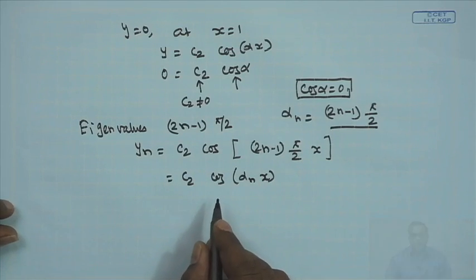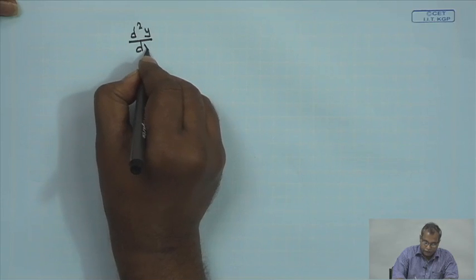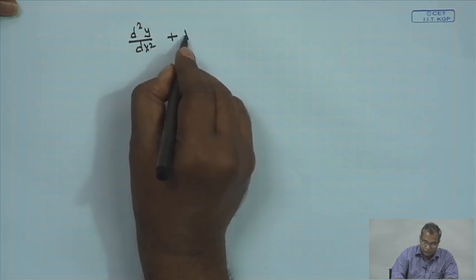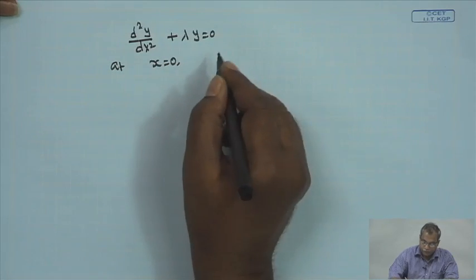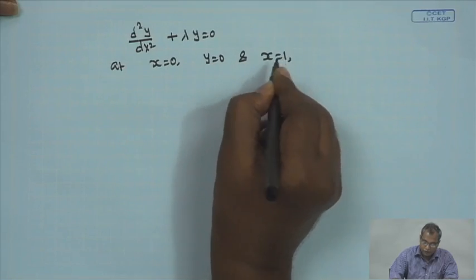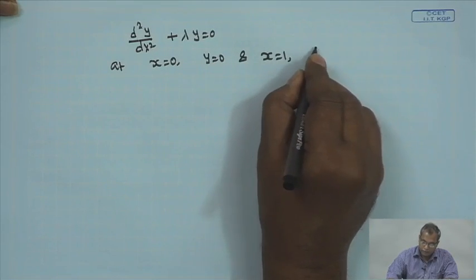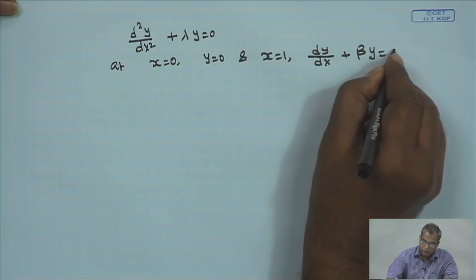In the next example, we will take up a mixed boundary condition at x equal to 1. It is a Robin mixed boundary condition, and we will see how the solution evolves. d square y dx square plus lambda y is equal to 0, with y equal to 0 at x equal to 0, and at x equal to 1 a mixed boundary condition, dy dx plus beta y equal to 0.